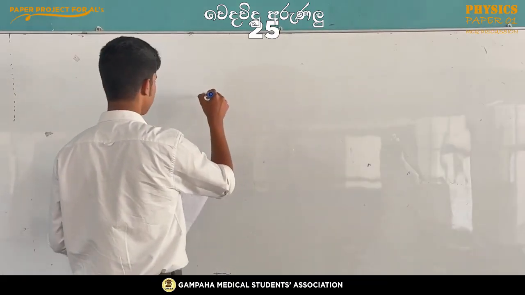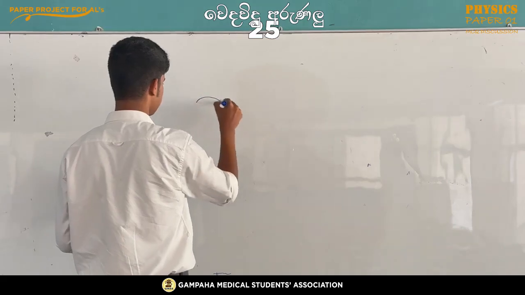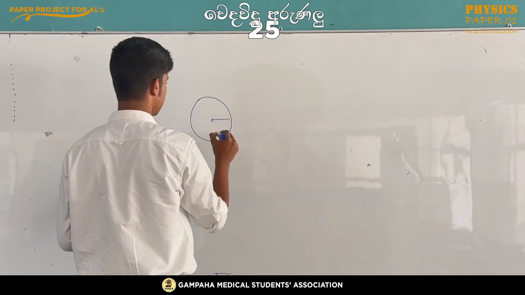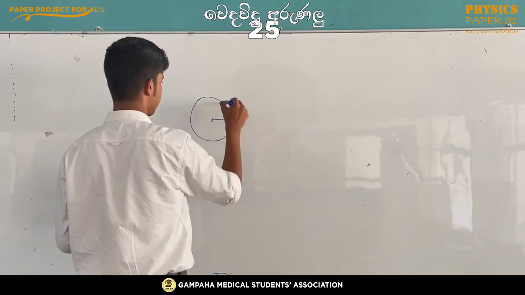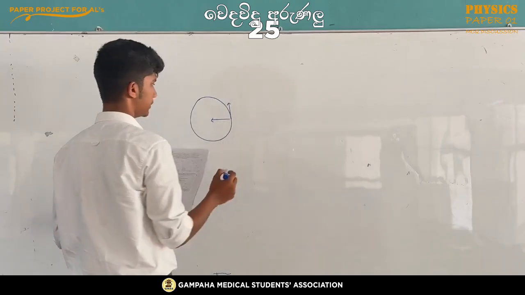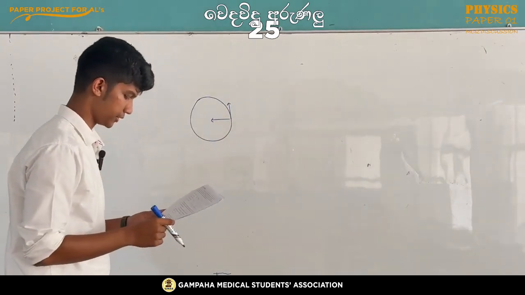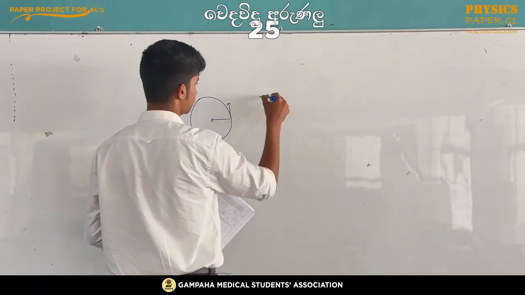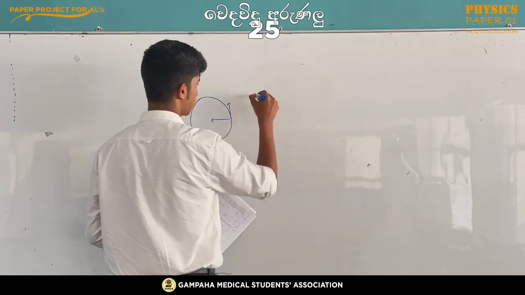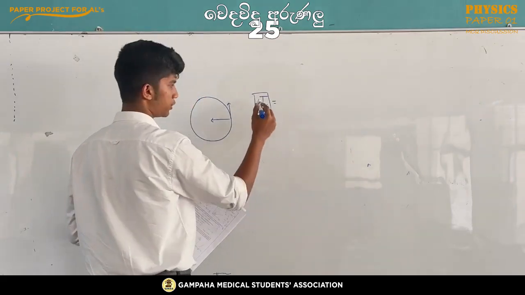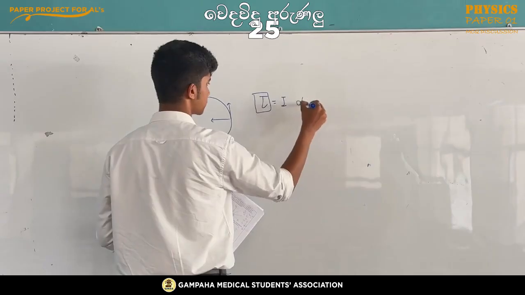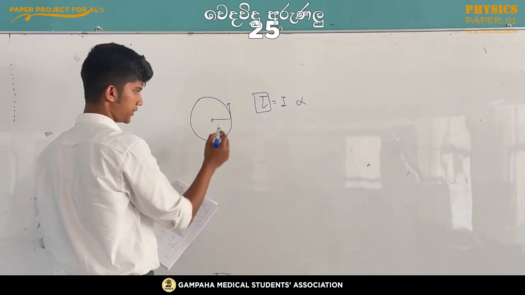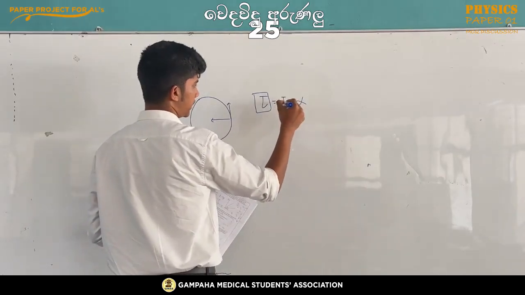Since the man is moving towards the center with constant velocity, it does not affect the angular velocity of the disc, since the two vectors are perpendicular to each other. Now once again, the disc is rotating under constant torque. Now we know that tau is equal to I alpha, and as the man is moving towards the center, I decreases.